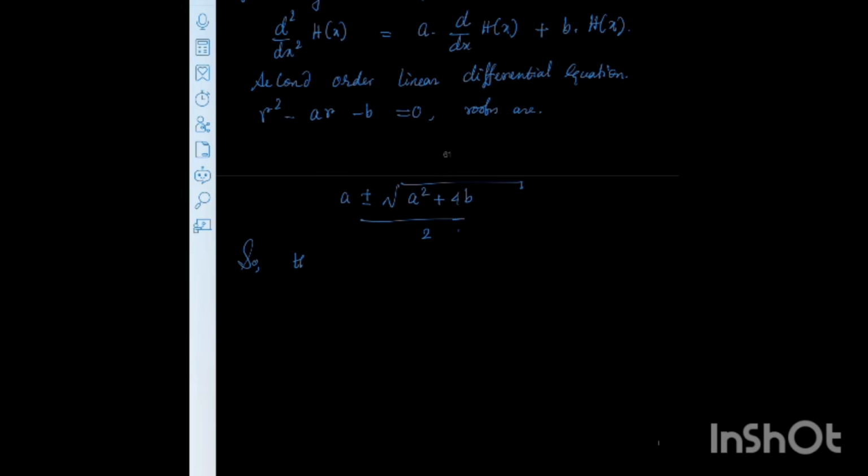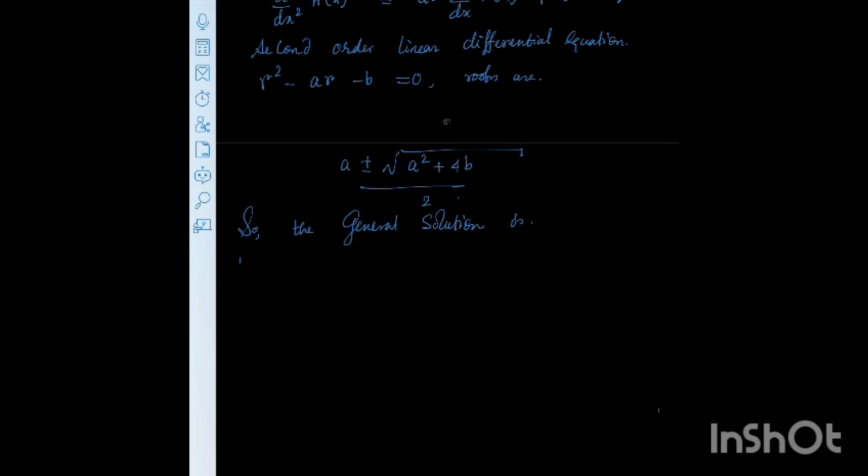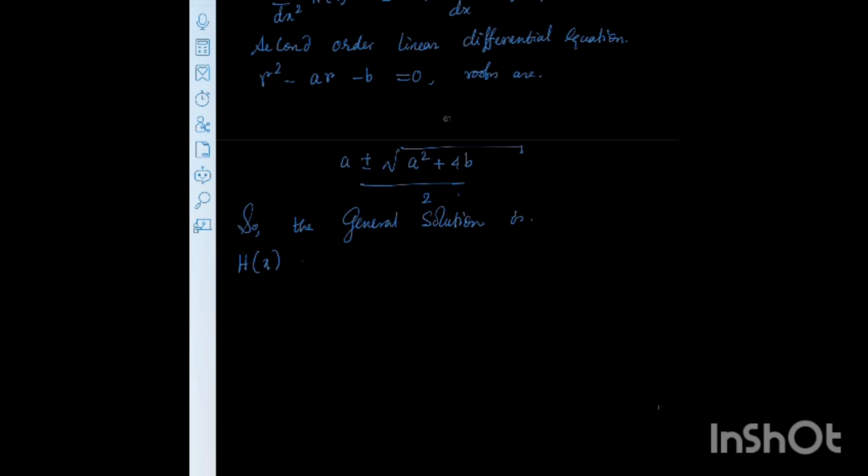So the general solution of this differential equation is h(x) equals c1, some constant, times e to the power (a plus root of a squared plus 4b) over 2 times x, plus c2 times e to the power (a minus root of a squared plus 4b) over 2 times x.